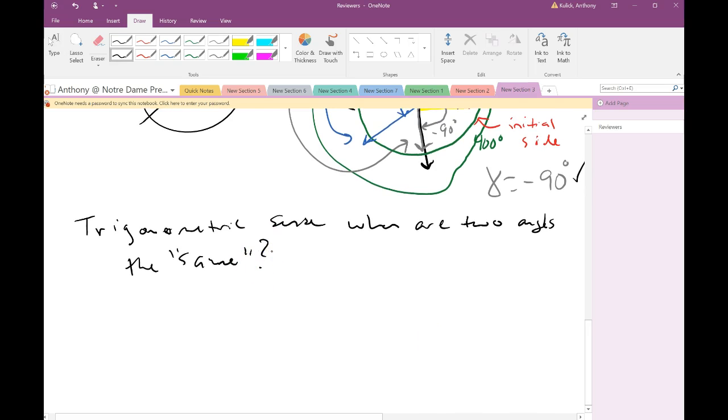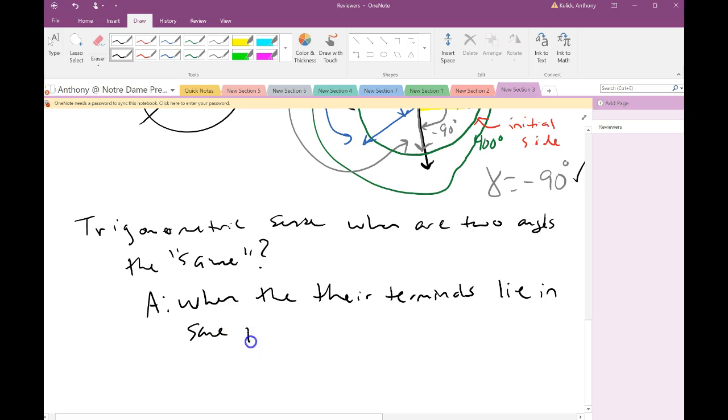So when would two angles technically be the same? The answer is when their terminal sides lie in the same position, the same place. And we call these kinds of angles coterminal.